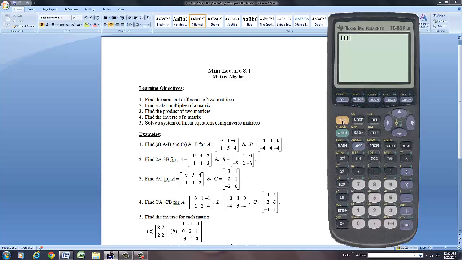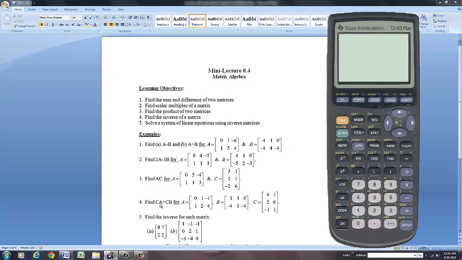There's A. Then we want to multiply that by C, so go to the matrix menu again, hit 3 to get matrix C. Hit enter, and the product has components 18, -19, -1, and 20. Okay, so we're going to clear this. Now I'm going to look at number 4.